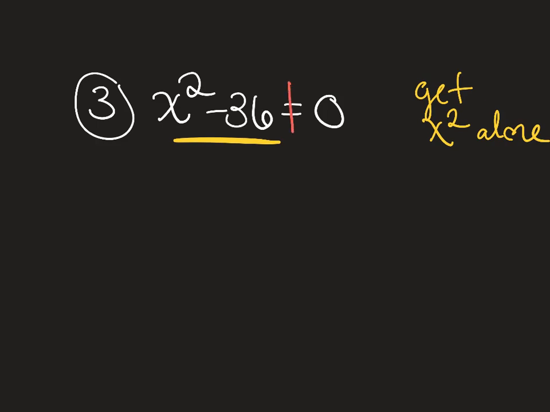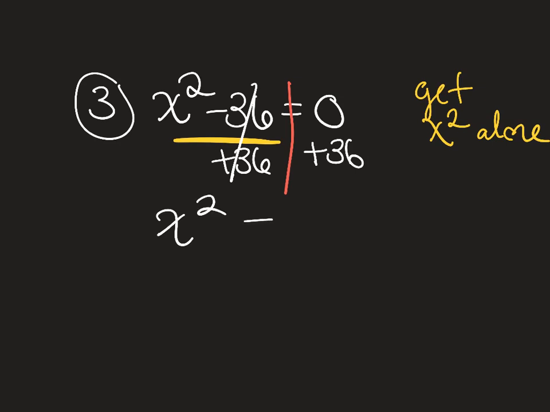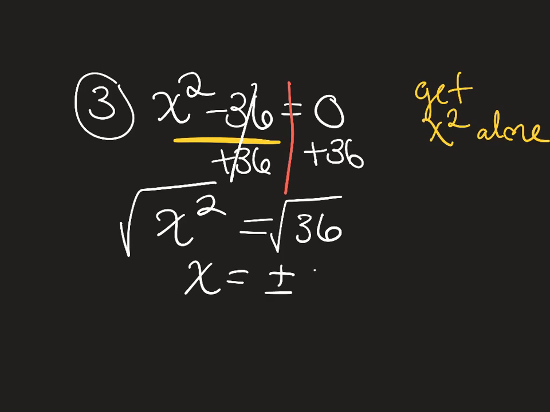So to do that, I'm going to draw my line, and I'm going to undo a minus 36, you're going to add 36, and if you do it on one side, you have to do it to the other. These cancel out, so you get x squared equals 0 plus 36 is 36. Then we can do our square root like we were doing before. So x equals, that's right guys, plus and minus 6.